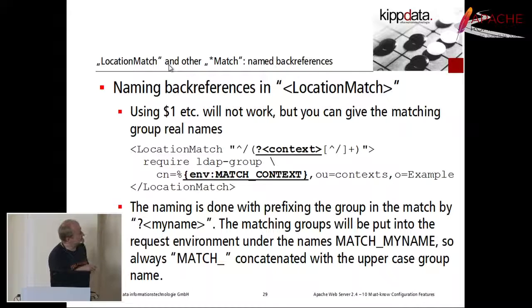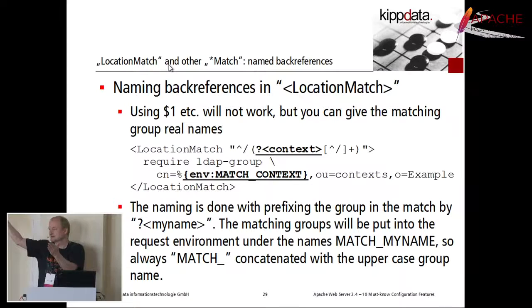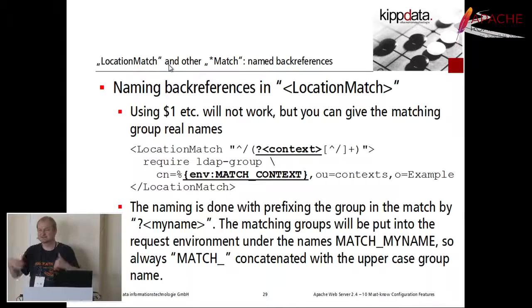And by definition, we put a named group into an environment variable with the name MATCH_ and then the uppercase of the group name. That's just by definition. So if I had put path here, then it would have been MATCH_PATH. So that way you can use any groups that you define in LocationMatch, DirectoryMatch, or FilesMatch inside.